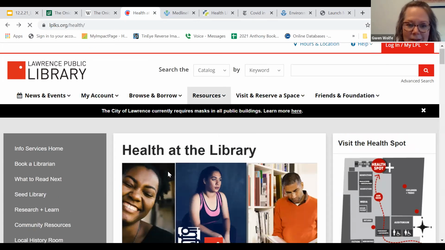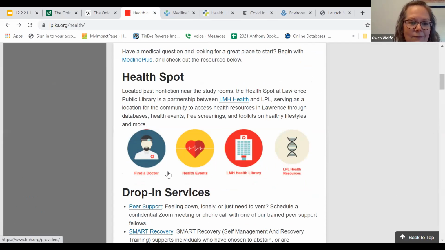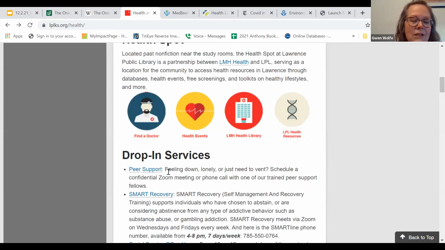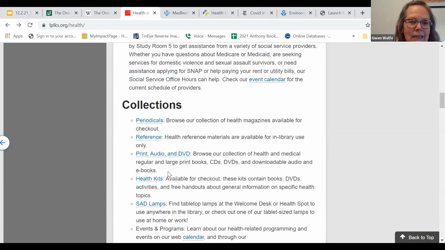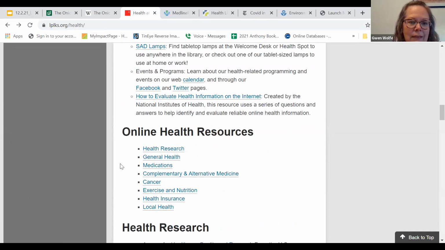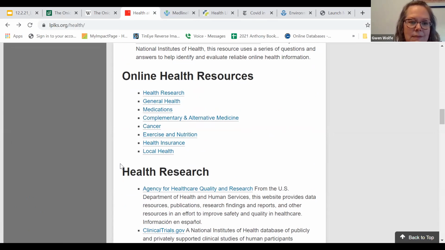This is a very comprehensive guide to everything about health information and health research, services that are related to health at the library, the collections that they offer that are available to you, and then online health resources.